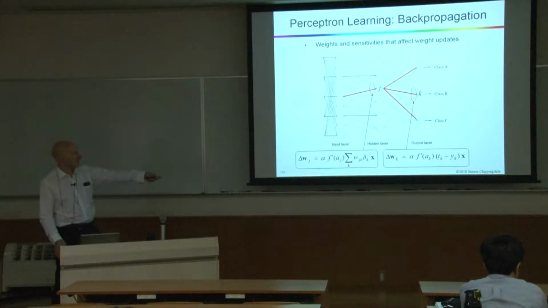That's these here. Take the weighted sum of the sensitivities of those units times the derivative of the activation at this unit, multiplied by the input, and that gives you your weight update vector for this unit. That's the weights going into that unit there.